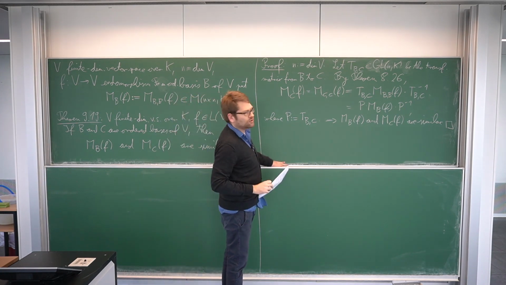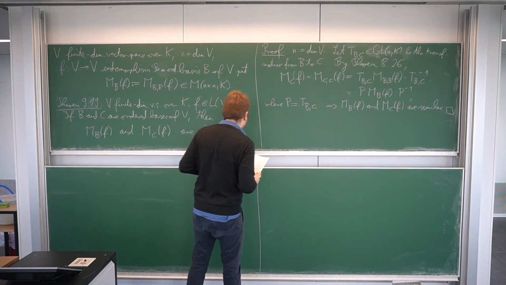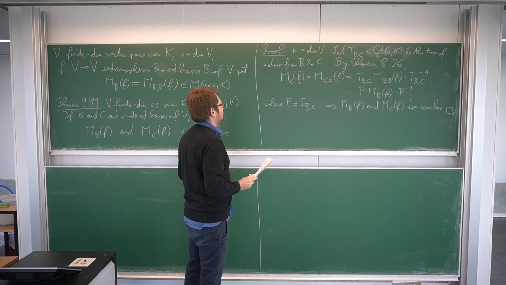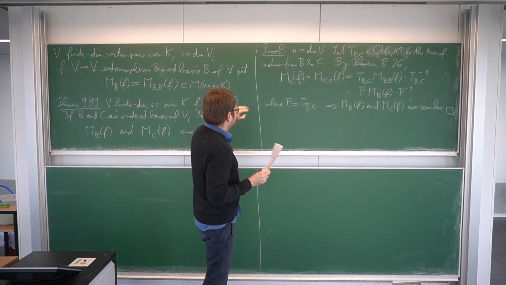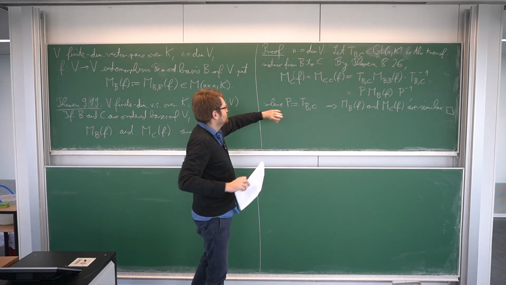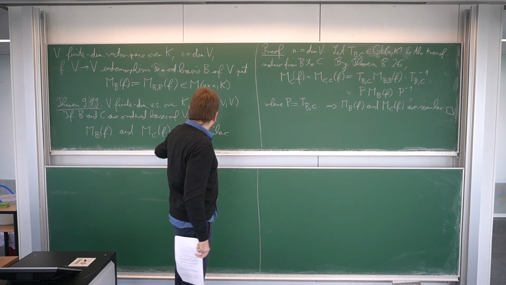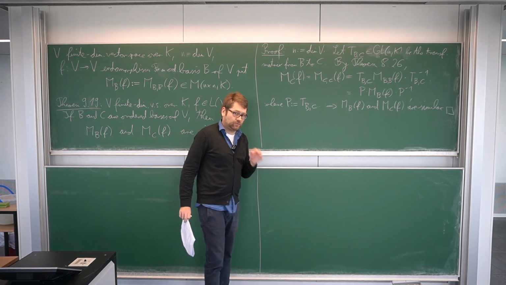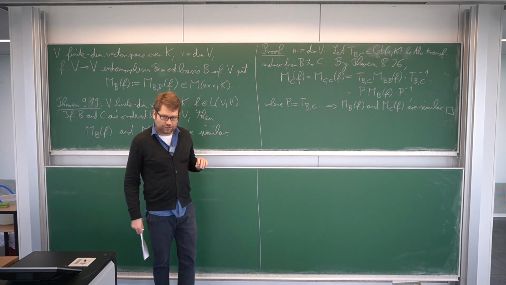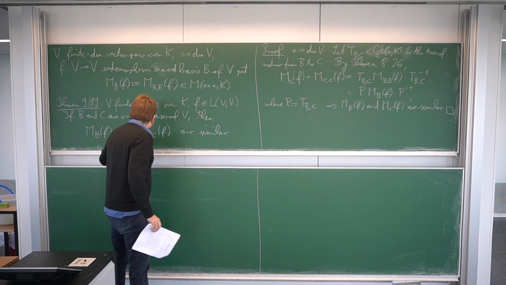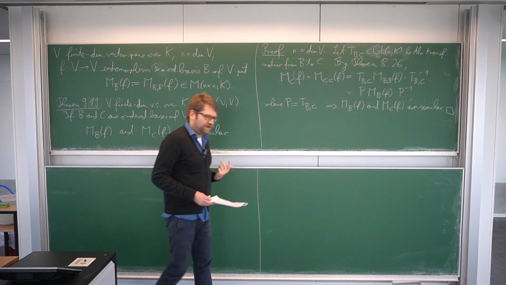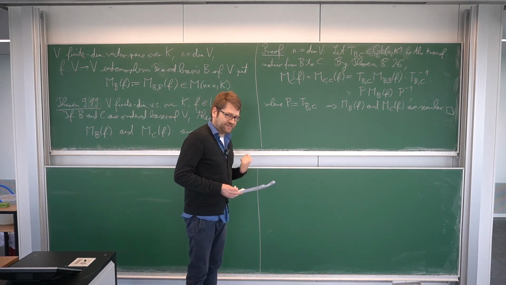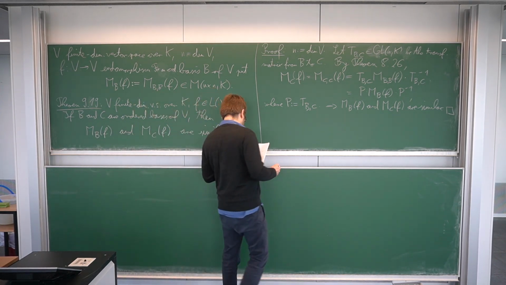Namely, this means we can now define the determinant of an endomorphism by not taking arbitrary matrix representations, but matrix representations of this form where we take the same basis on domain and codomain. And we see this doesn't depend on B or C. If they are similar, they have the same determinant. This is what we have just seen in this previous corollary. So this means this determinant is independent of the choice of basis, and so we can define this really as a number we associate with F itself, not with the basis, just with F.